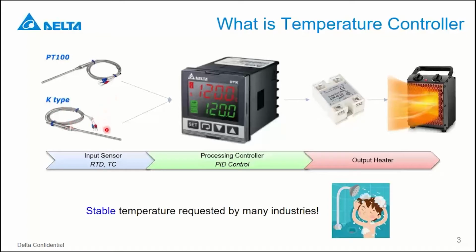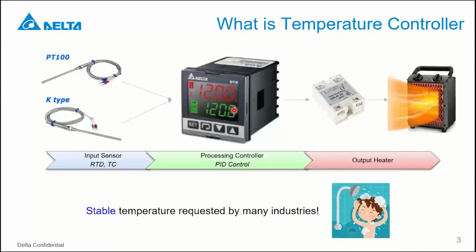So this is an input to detect the temperature, then send the signal back to the process controller, which here I put the Delta DTK series. It's a panel type, so you can see some features about the PV and SV, which is present value and set value.